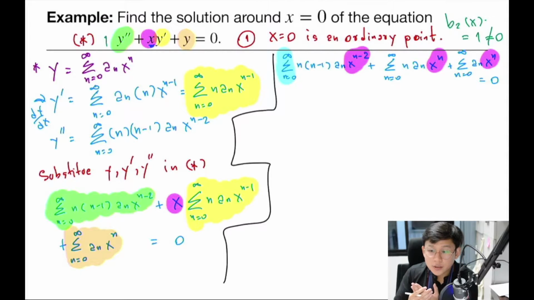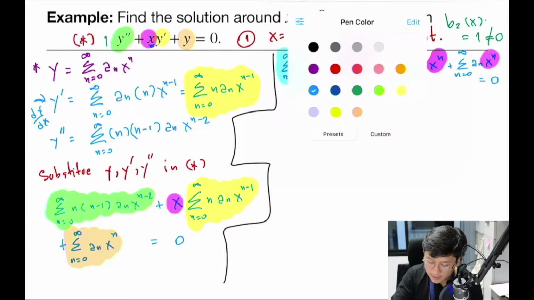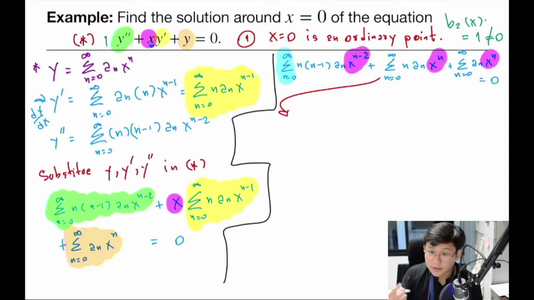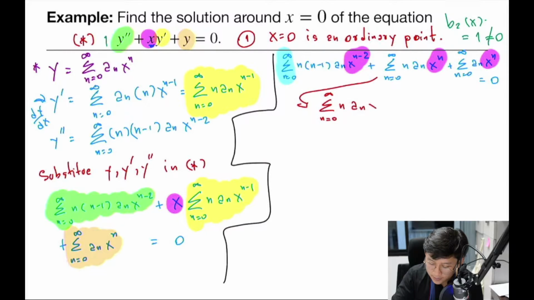So what we can do is reindex the summation to make the exponents the same. For example, if I just want to look at this summation, the summation from n equals 0 to infinity of n times n minus 1 times a_n x to the n minus 2, and I want to write it with x to the n, what should I do?